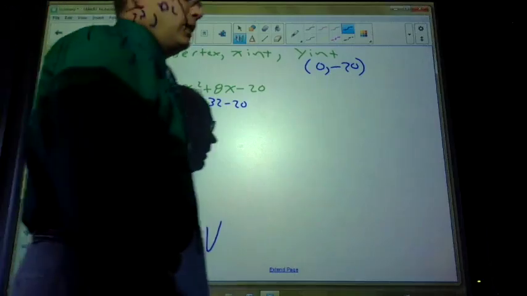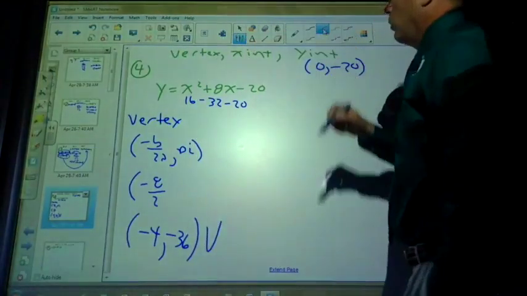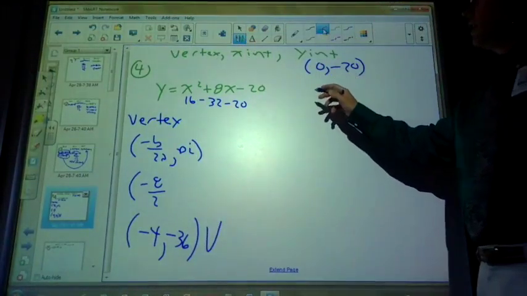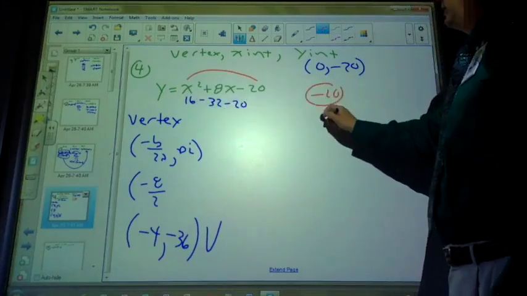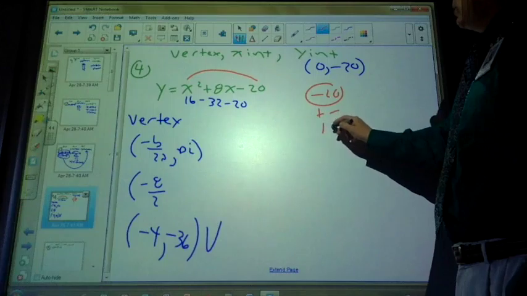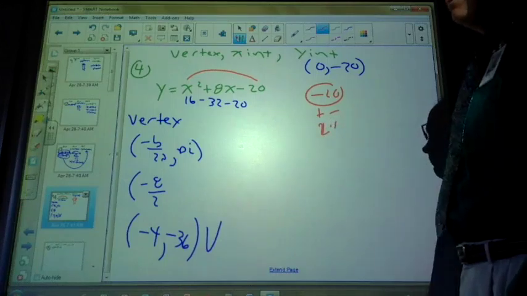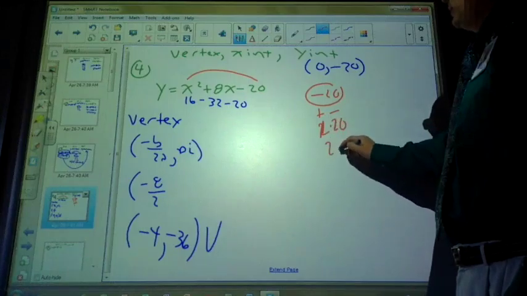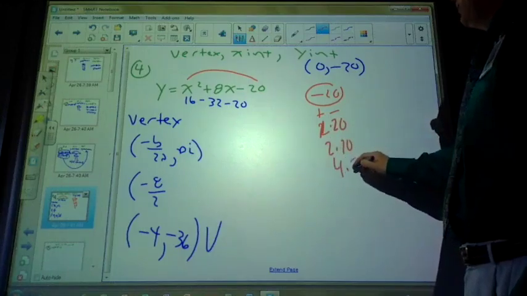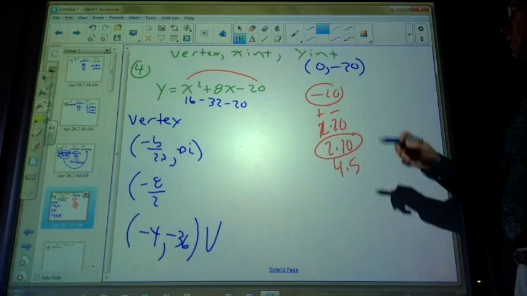And then our x-intercepts, we need to put it in factored form, or we have to use the quadratic formula to get there. Our magic number is negative 20. Still have alternating signs. So 1 and 20, 2 and 10, 4 and 5. So 2 and 10 will work.